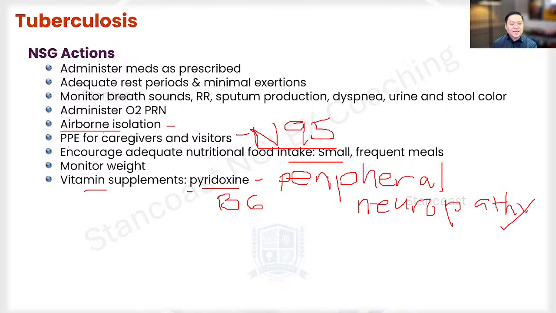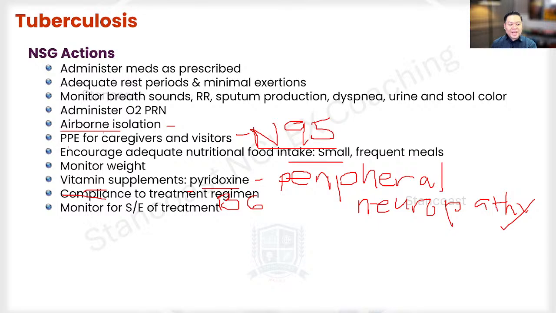All right. Now moving forward here, we are also going to teach the patient to adhere and be compliant to the treatment regimen. That is very important, guys, because non-compliance can lead to resistance to the anti-tubercular medication.